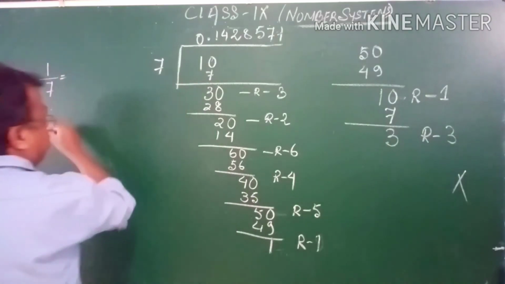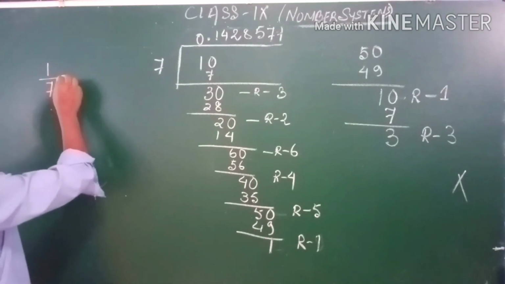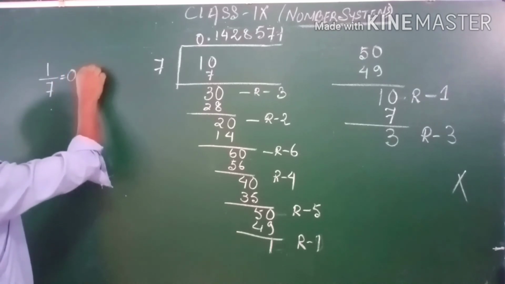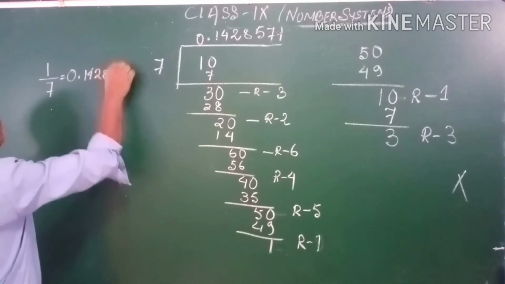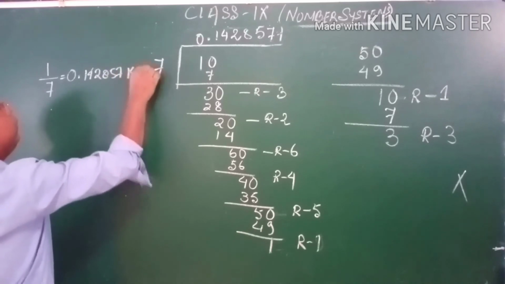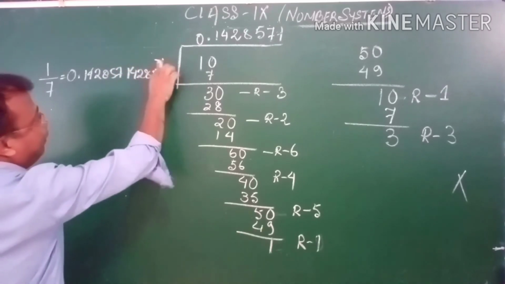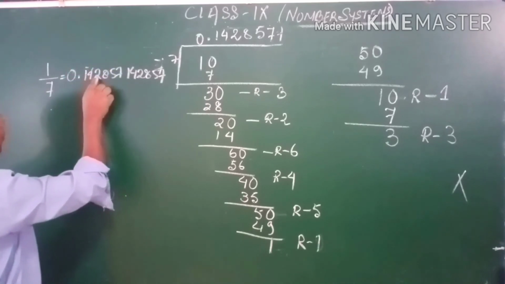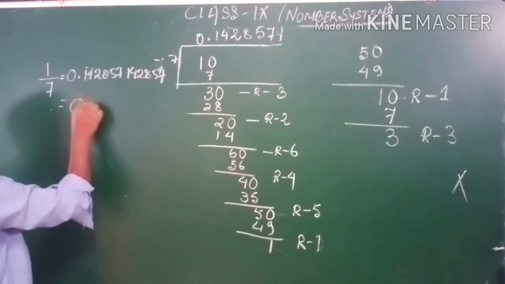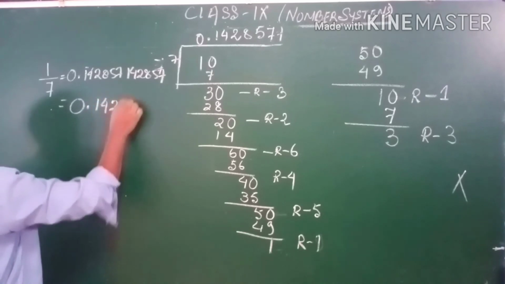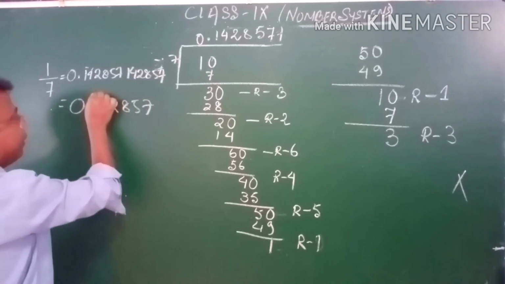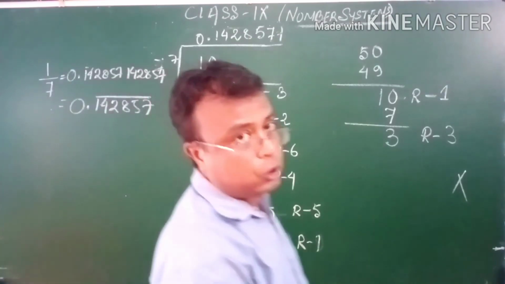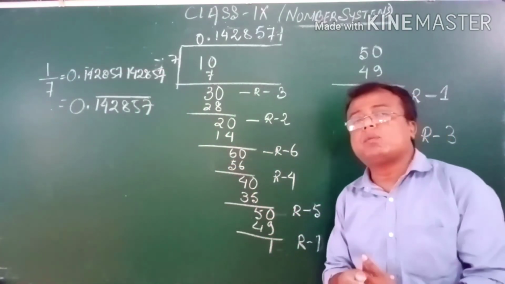So the decimal expansion of 1 by 7 you can write like this: 0.142857142857, like this it will repeat again and again. This block 142857 is repeating. So you can write 0.142857 bar. I hope you understood this topic very clearly.